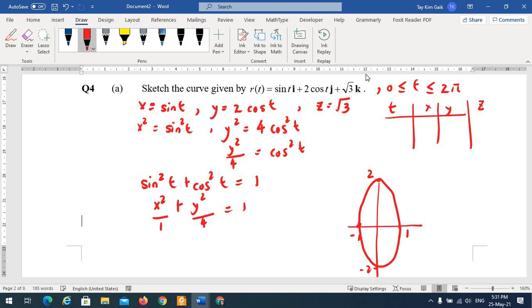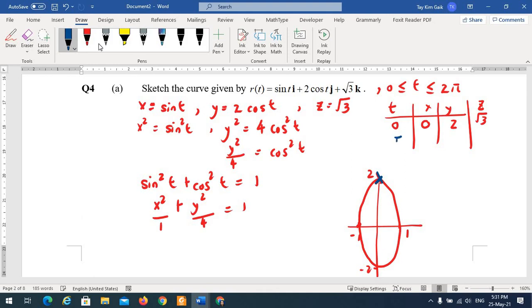Because z is constant, z is always at the position z equal to sec 3. So when t is 0, sin 0 is 0, cos 0 is 2, so x is 0, y is 2. We start here.